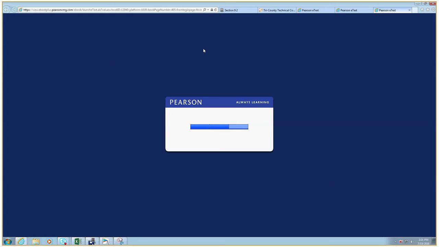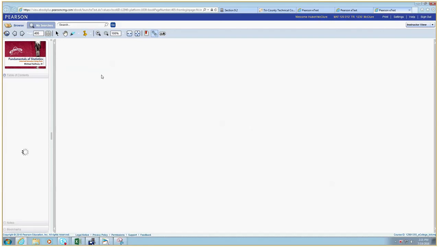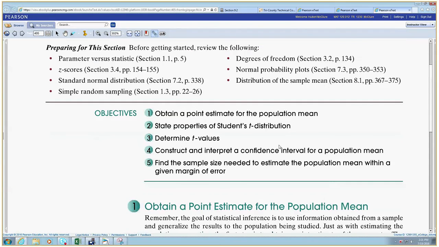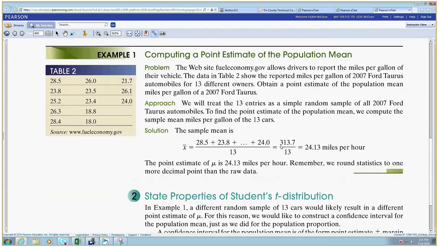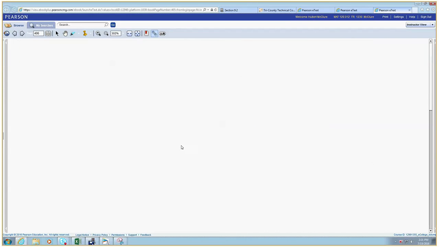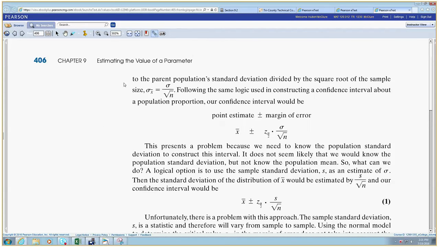But 9.2 has a little more meat to it: estimating the population mean, talking about the T distribution. So make sure you're here Thursday, okay?